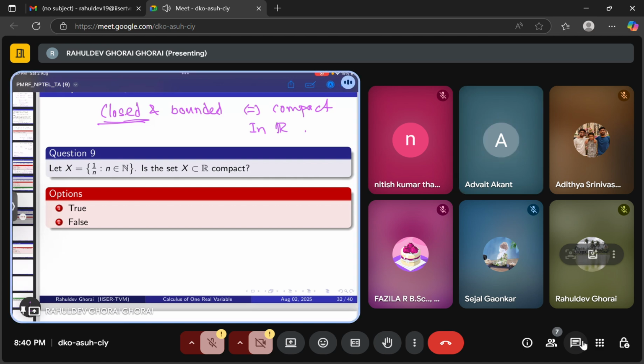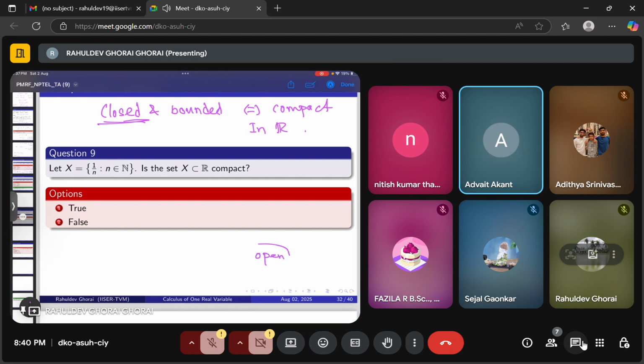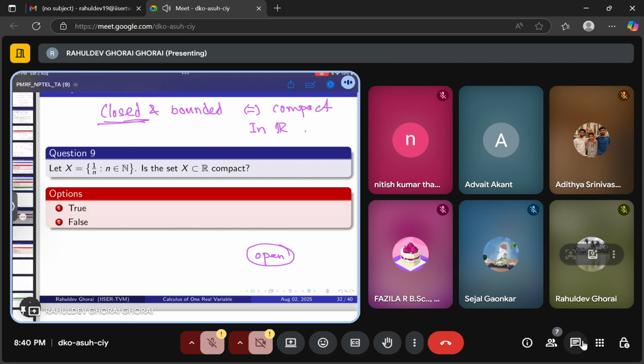You know about open sets. What is an open set? You know what an open set is, right? Where there are no endpoints. No, no, no. An open set is a set where, let's say S is a subset of R, then S will be called an open set if for all a belonging to S, you have a delta such that the interval a minus delta to a plus delta is a subset of S. Any point of that set should have a neighborhood which entirely belongs to that set.